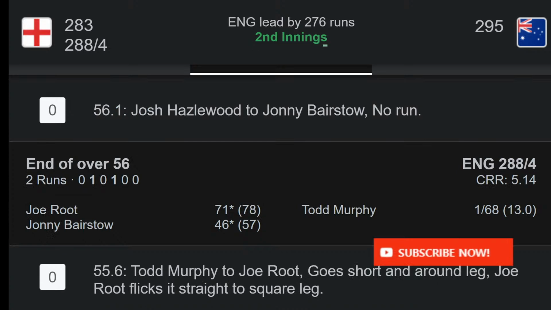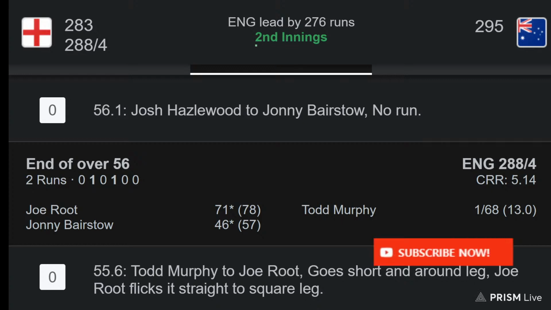And in this test also, England has the upper hand. So 2-1 is the series by Australia, but England has shown their class in all these test matches.